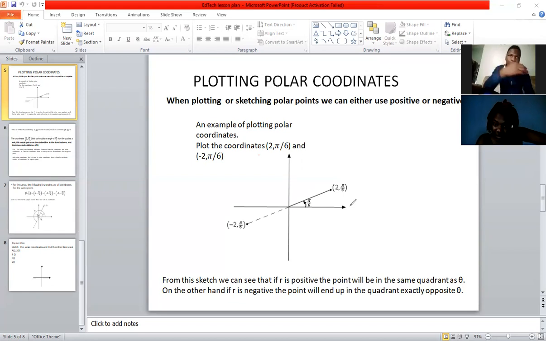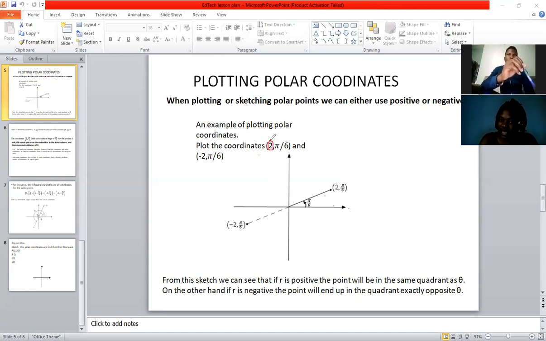From this x-axis here, and we measure 30 degrees. From this x-axis you measure 30 degrees to this point 2. You first measure this R, this one here.